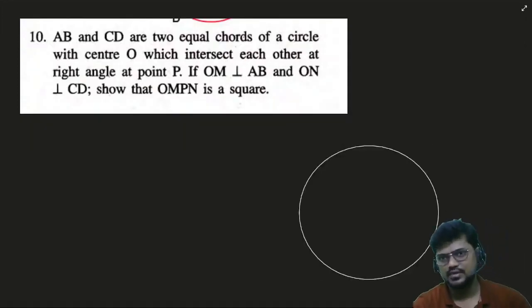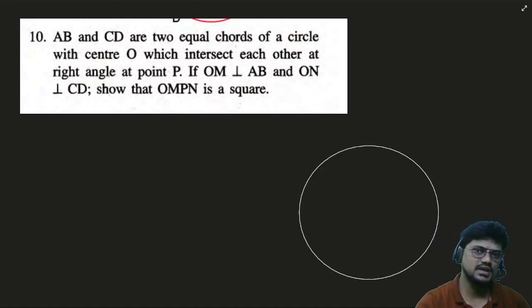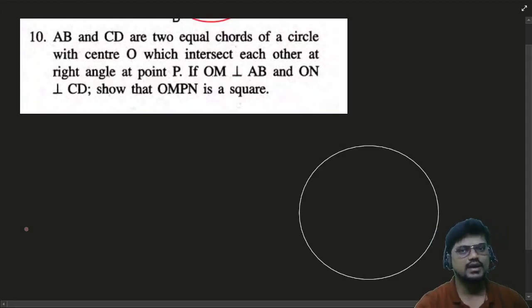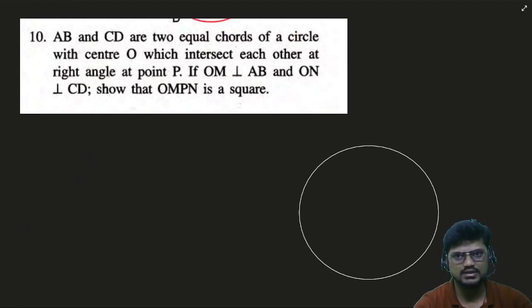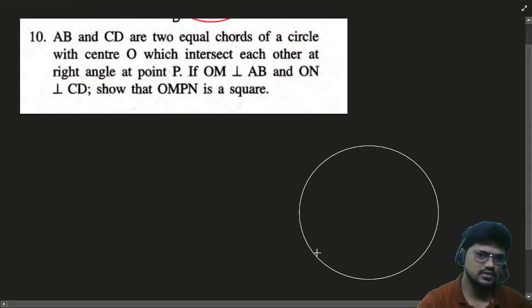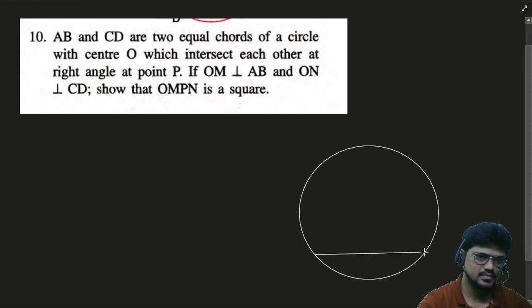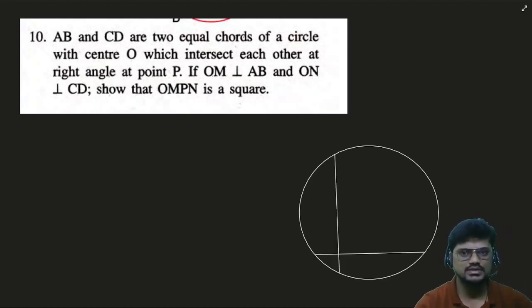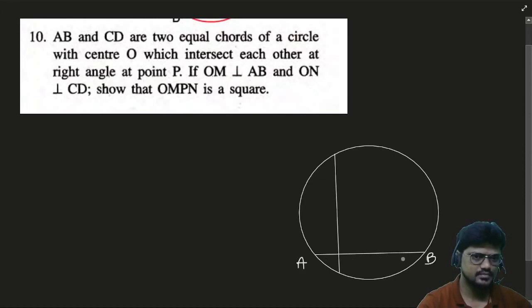Okay, fine. Over here, AB and CD are two equal chords of a circle with center O which intersect each other at right angles at point P. That means if one chord is like this, the other chord is equal and it is at right angle to it. One of them is AB and the other one is CD.